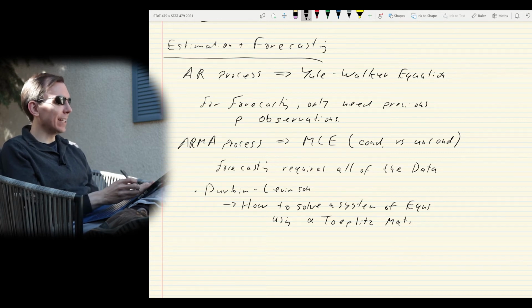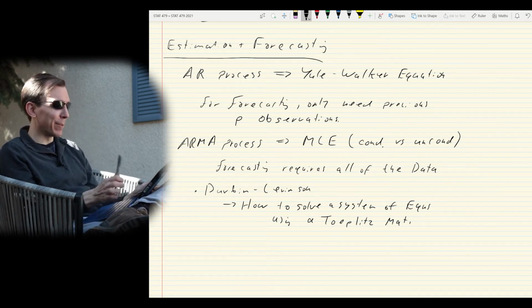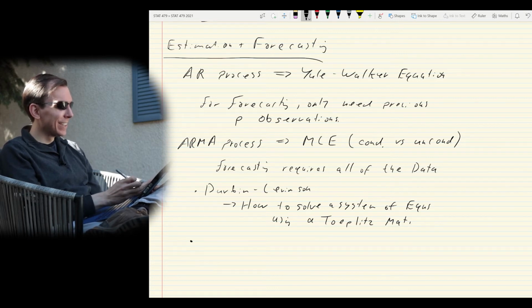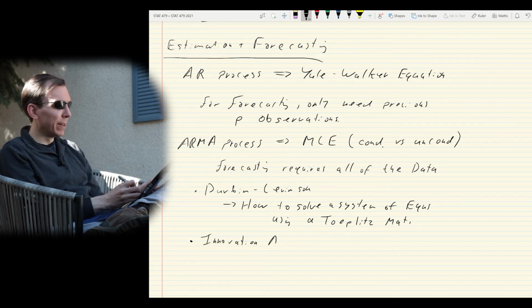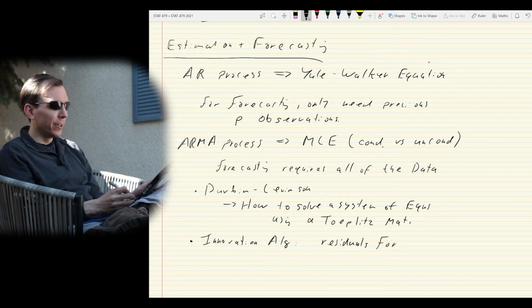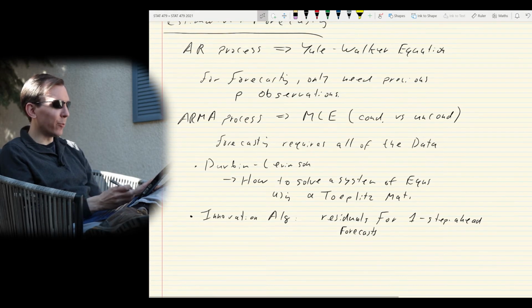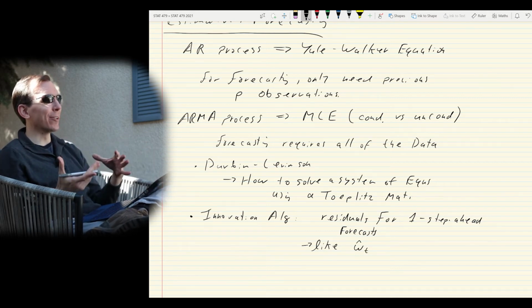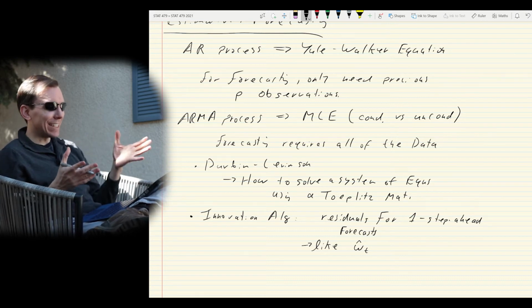We also looked at the innovations algorithm. And one of the key things to remember about innovations is that these are basically the residuals for one-step-ahead forecasts, and they behave a lot like white noise, so they're basically like, I'll say W_t hat, even though I don't necessarily like the idea of estimating white noise, because white noise is just white noise, but roughly it's kind of like that.